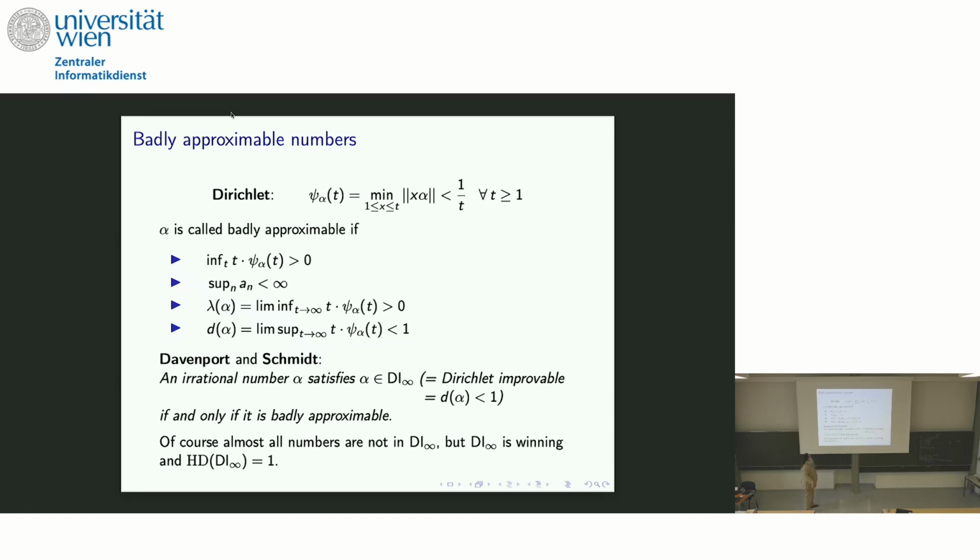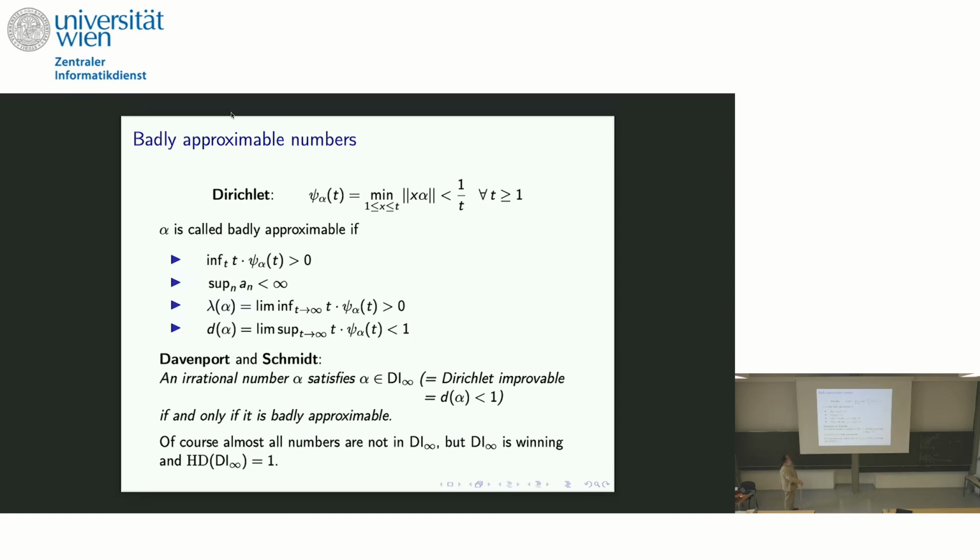By the way, I am not sure that Davenport and Schmidt were the first who documented that the third and the fourth are equivalent, but up to now I cannot find an earlier reference.